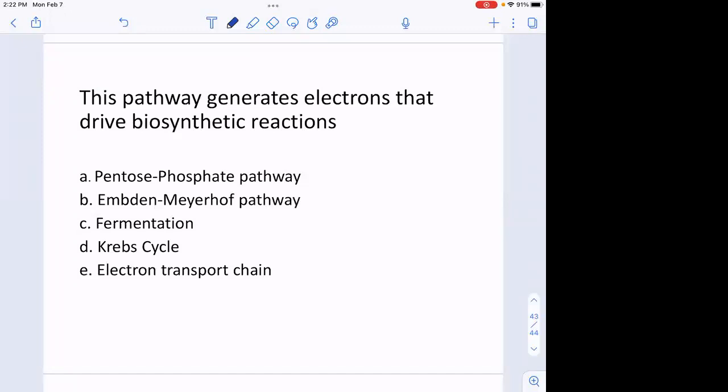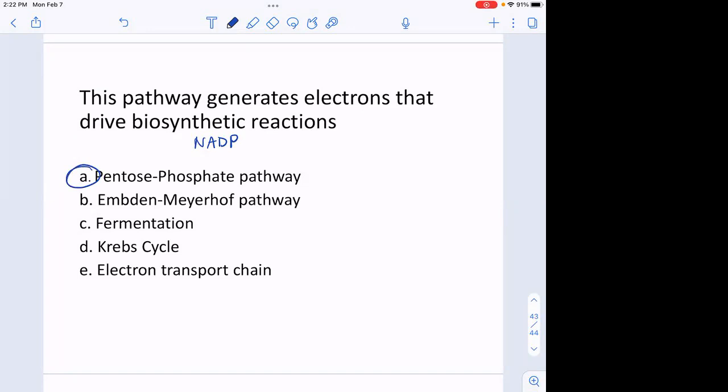Okay, so remember we said when pathways use NADP as an electron carrier, that phosphate tags it to go towards a biosynthetic reaction. So the one that uses that on this list is pentose phosphate.